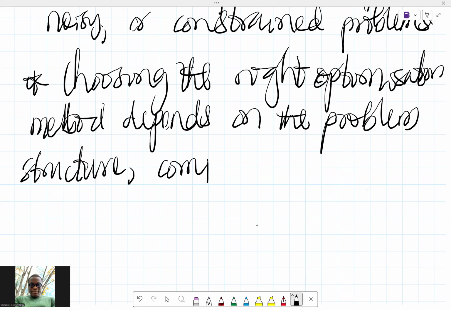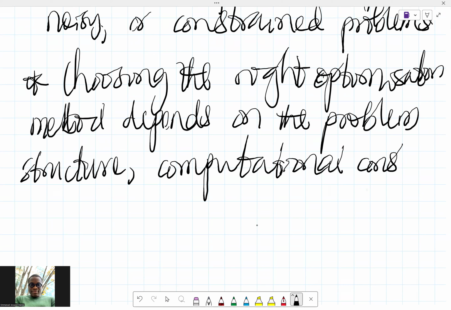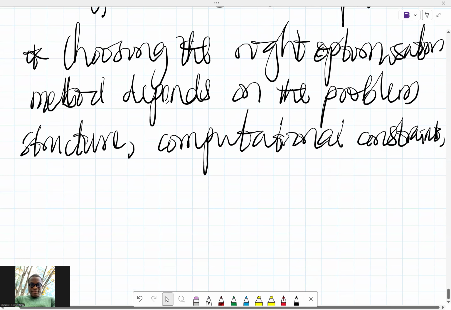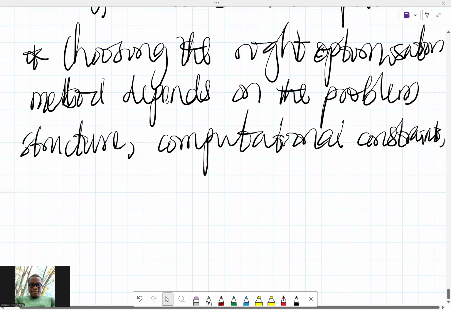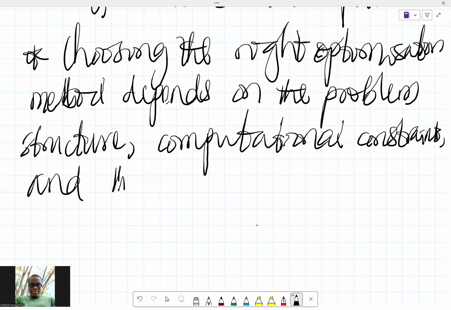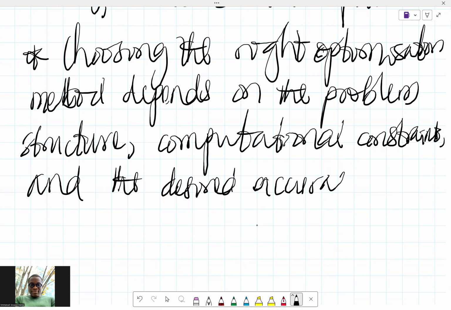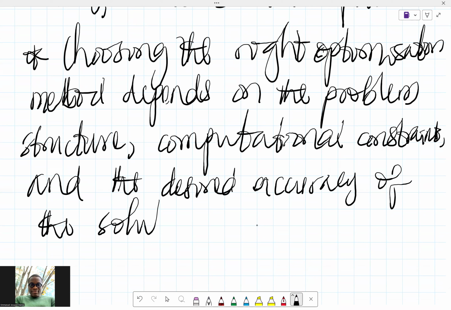Computational constraints, like whether you need a derivative or not. If the problem cannot be differentiated, then you cannot use a gradient-based method. So computational constraints and the desired accuracy of the solution.